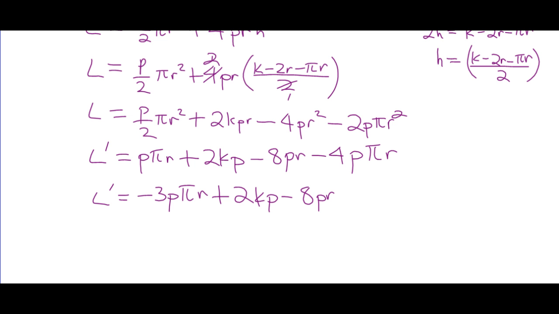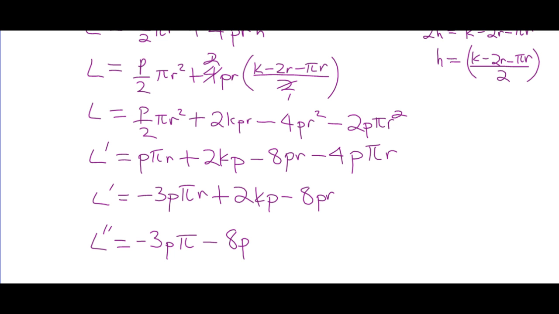Okay, can we do the second derivative easily? Yeah, if you can do the first derivative easily, then you can do the second derivative, right? So L double prime is negative 3p pi, that's a constant, minus 8p. So what can we say about the second derivative? It's always negative, right? Because p has to be positive.